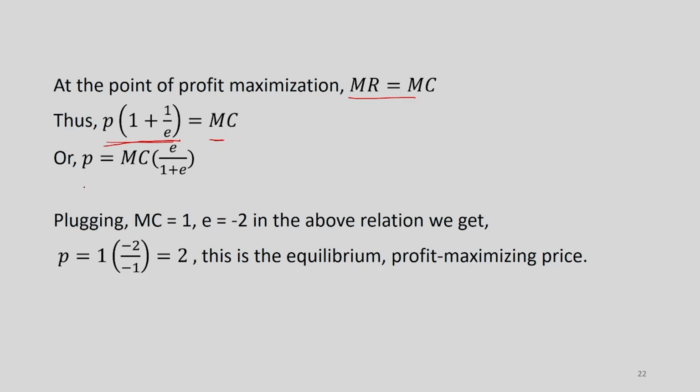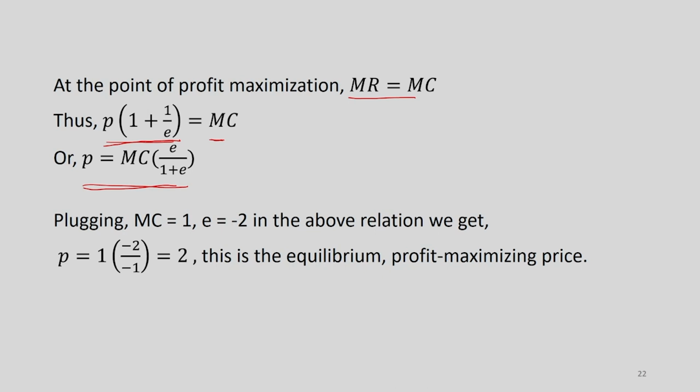And then we express the thing in terms of P. On the left hand side, I only have the price, and on the right hand side, if I take those terms there, I get MC multiplied by e divided by 1 plus e. So, this is an important expression. Price in a monopoly market is equal to marginal cost multiplied by e divided by 1 plus e.